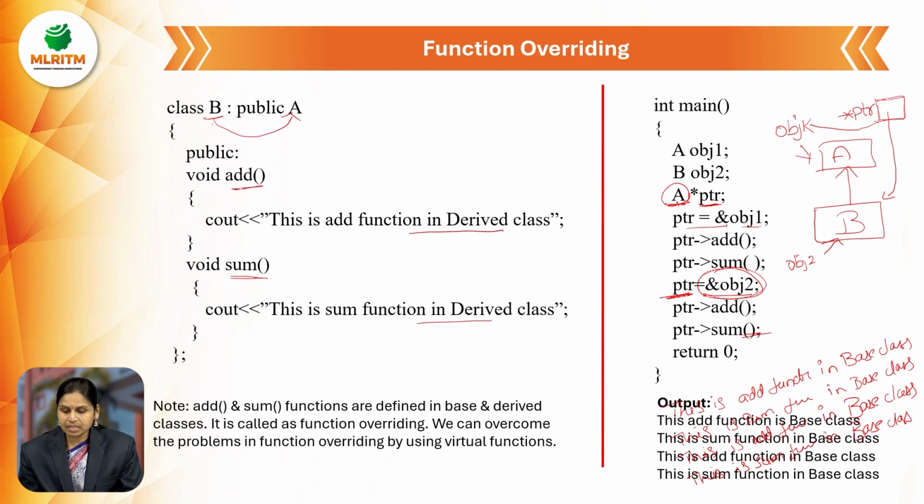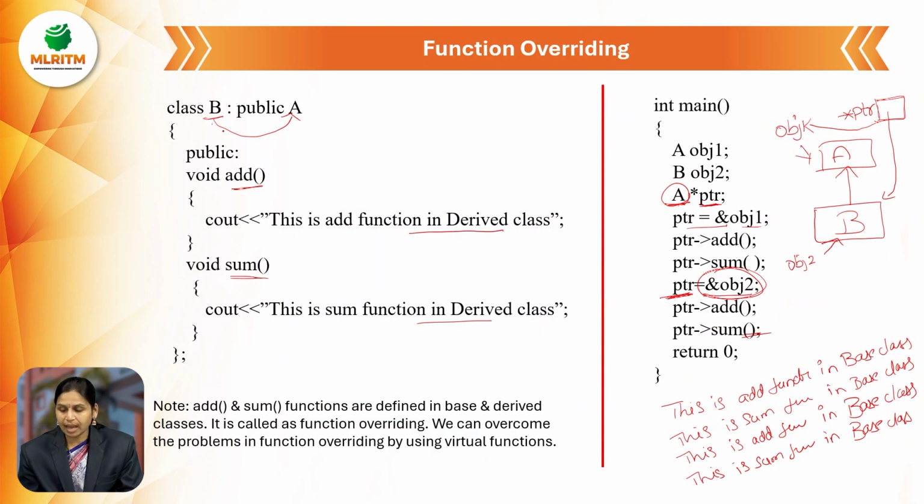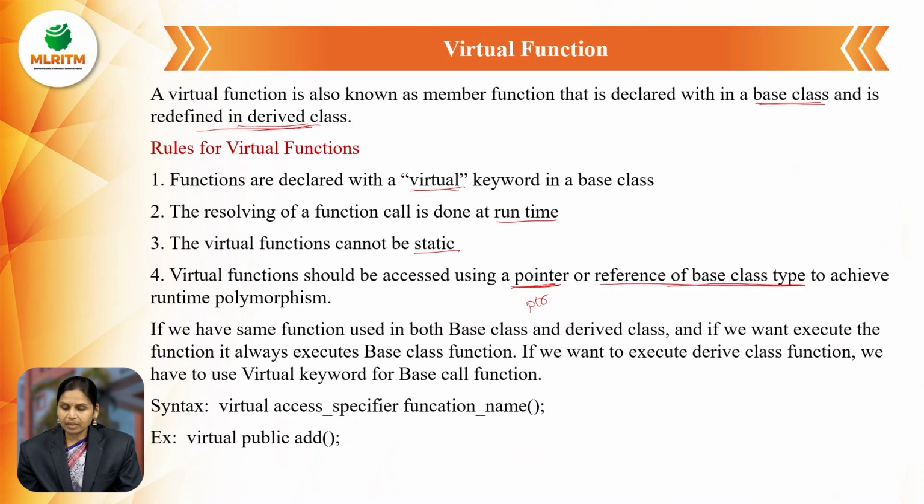Here, what is the base class? A is a base class and B is a child class. This pointer is created for base class only. So, here we use the same concept in virtual functions, but we have to use the keyword virtual in base class before the function name.